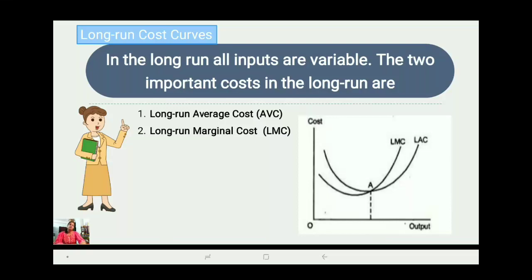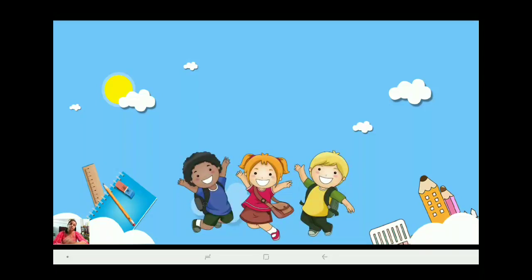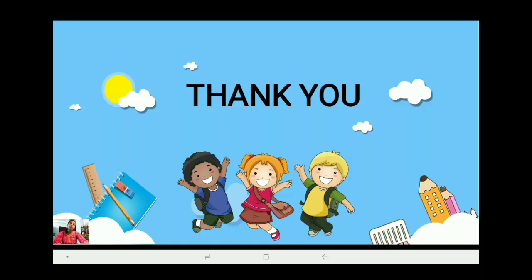So I hope this class on cost helps you all to understand the cost function, the cost output relation, and the cost curves. Most important here is to know the shape of the cost curves, and the relationship between average cost, fixed cost, and marginal cost.